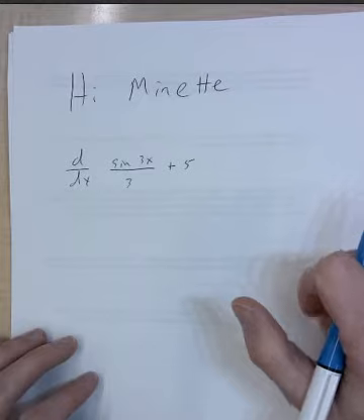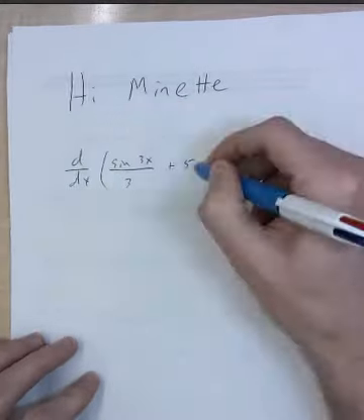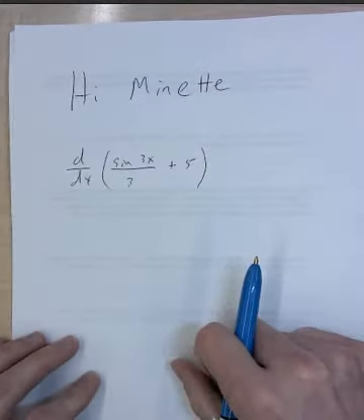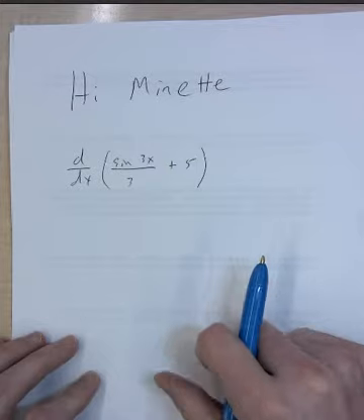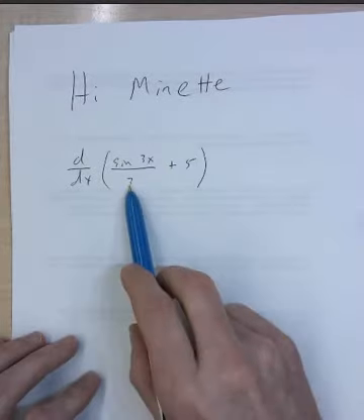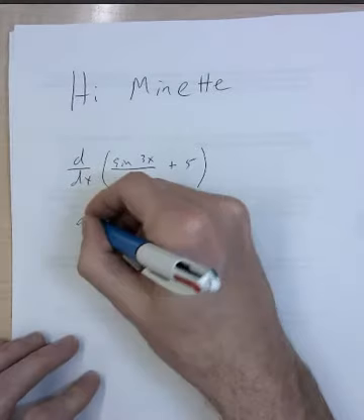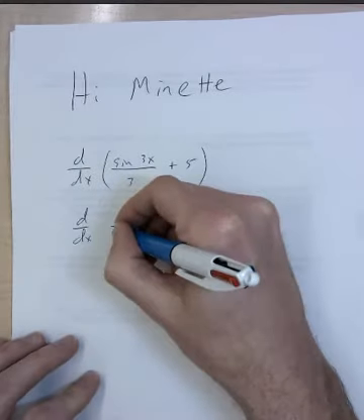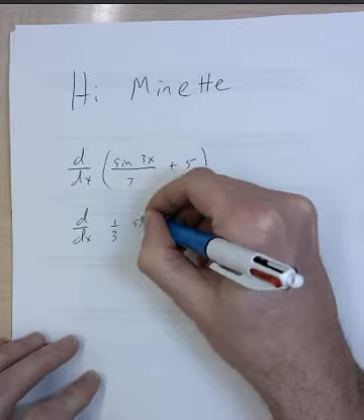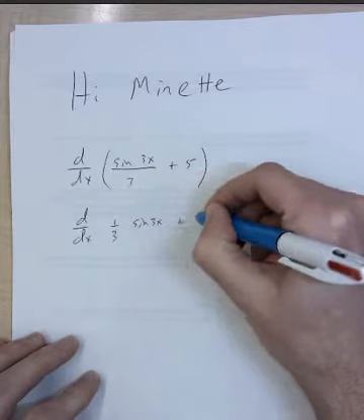If we want to do the derivative of this thing right here, how do we start? Take this 3 and make it 1/3. So this 3 right here? Yeah, and make it a 1/3. Okay, so we have d dx of 1/3 of sine of 3x plus 5.